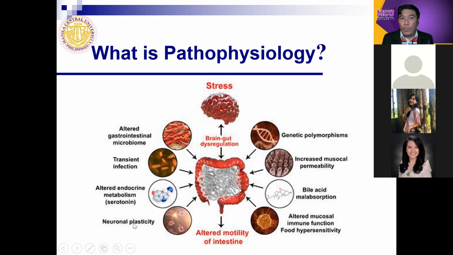Next, we may have neuronal plasticity. If we say neuronal plasticity, from the term itself, neuro, this is significantly related to nerves. In this situation, the neuronal plasticity is related to what we call the elasticity of the intestines.